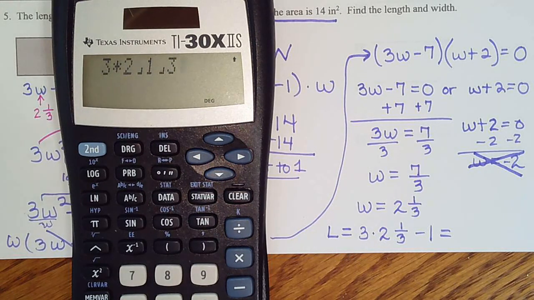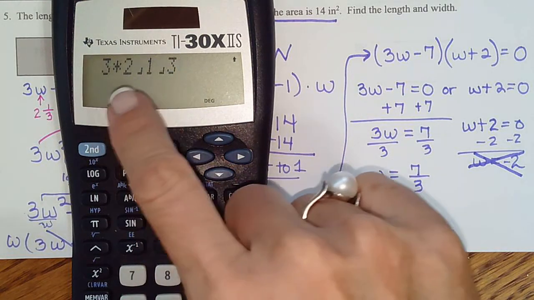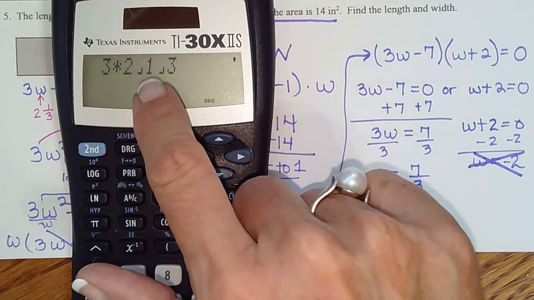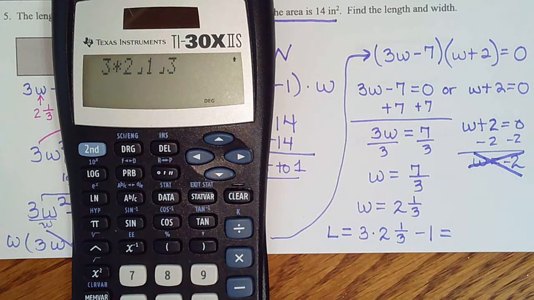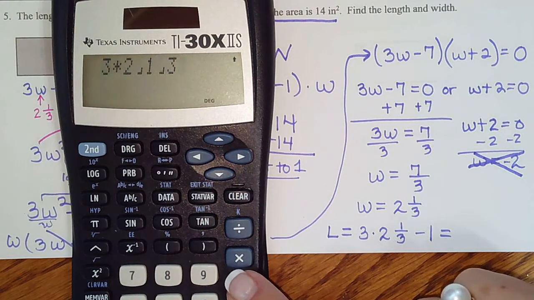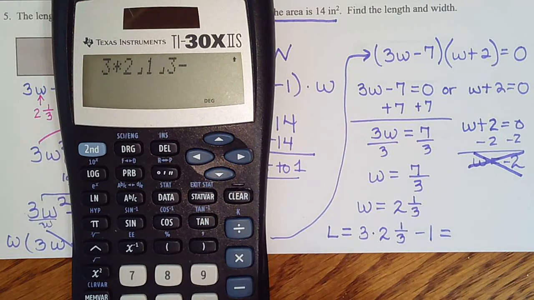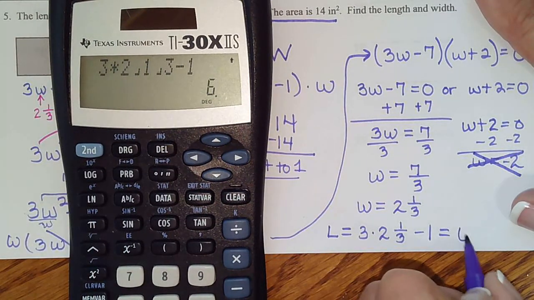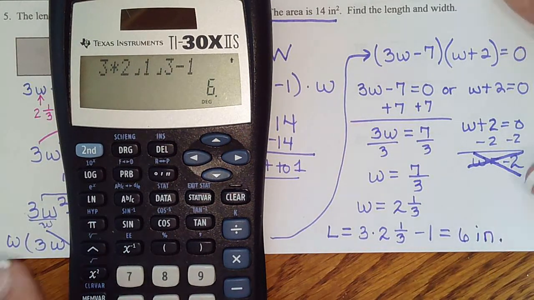So that's how the calculator has you type in mixed numbers, because it needs to know where the 2 and 1 separate, because it needs to know the whole number, numerator, denominator. And then hit subtract 1 down here, and that says 6. So the length is 6 inches.